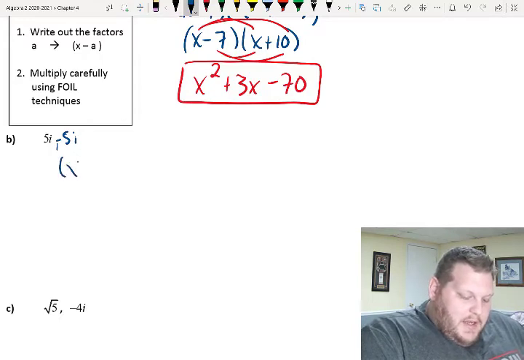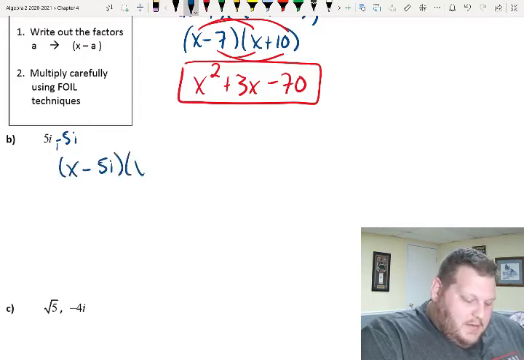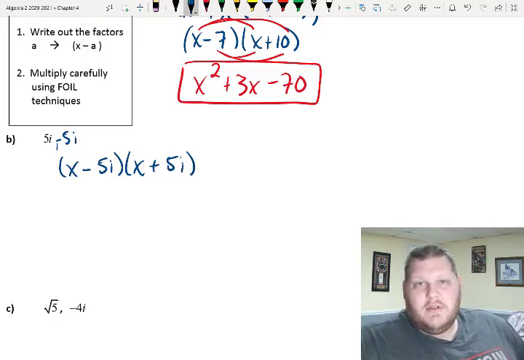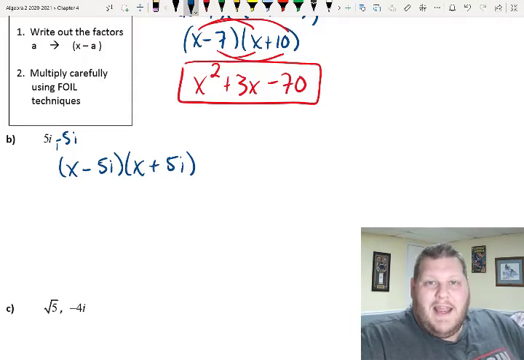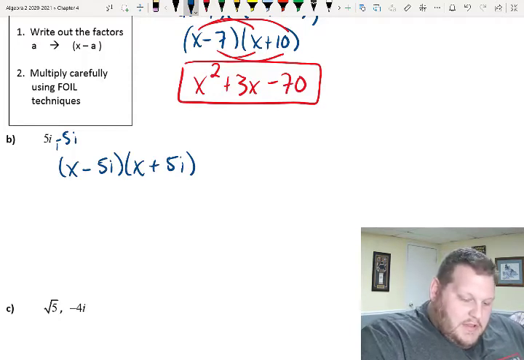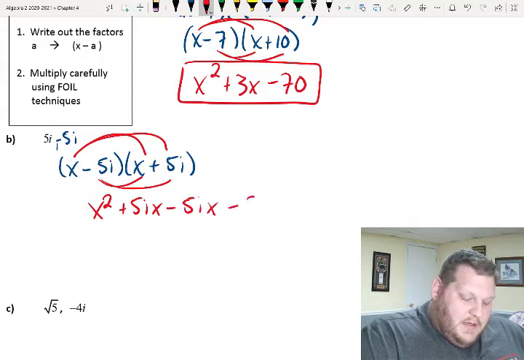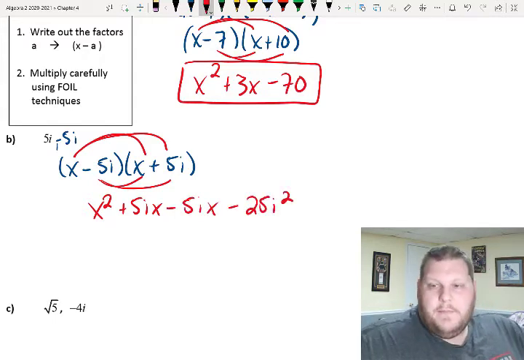In dealing with that, x minus 5i times x plus 5i would be my two linear factors. So now I have to FOIL that out. I have to multiply those together. Still the same process. So x times x, x times 5i, negative 5i times x, and then negative 5i times positive 5i. That gives me an x squared, positive 5ix, negative 5ix, and then negative 25i squared.